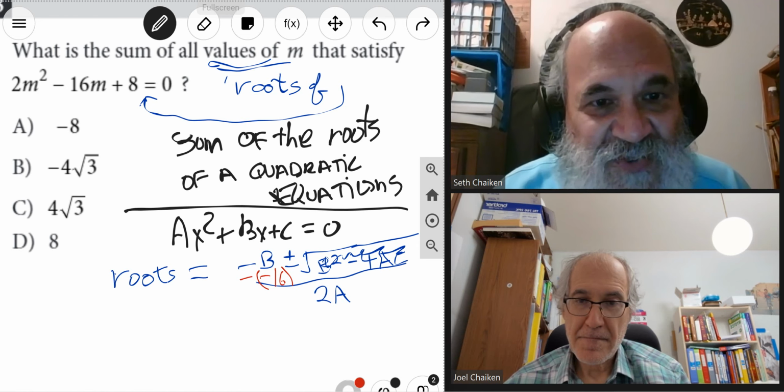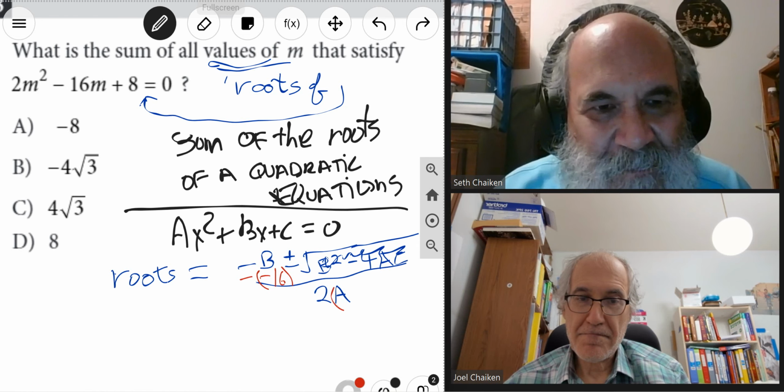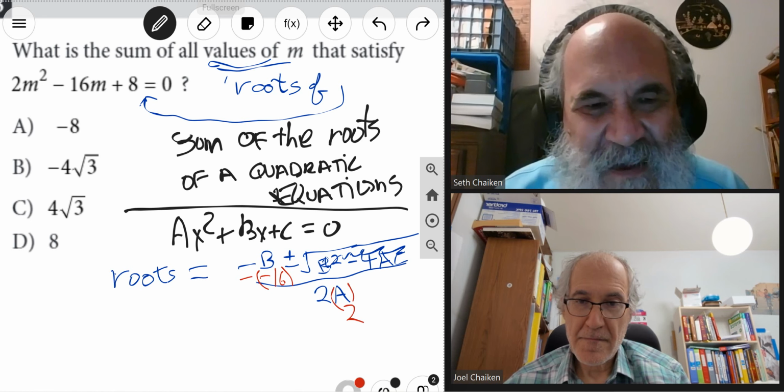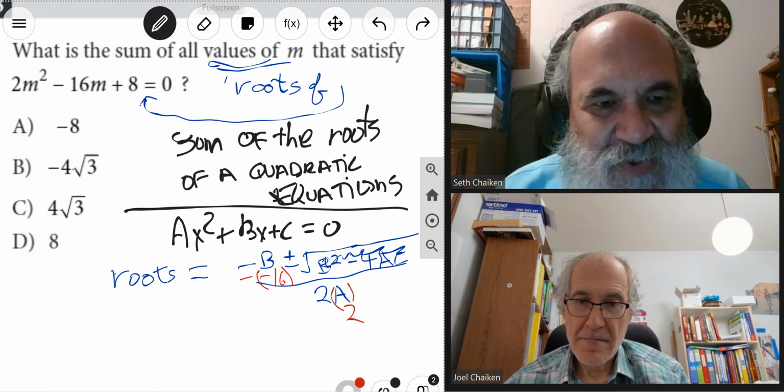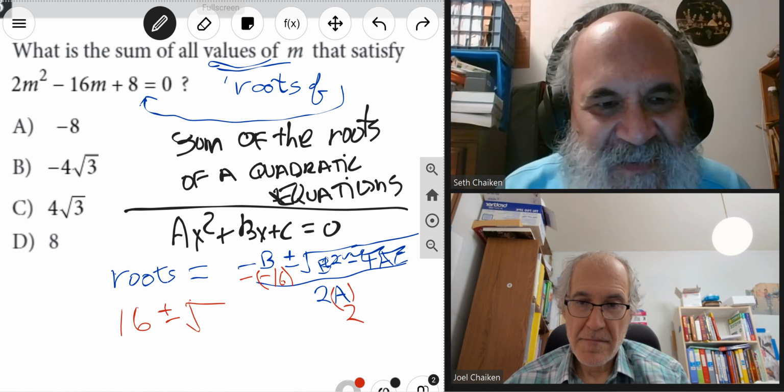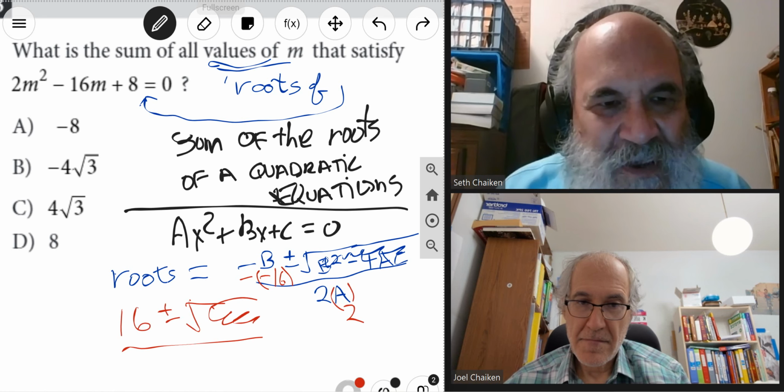A is 2. And it's easy to figure this out. So the roots are 16 plus or minus something that's a real mess, divided by 4.